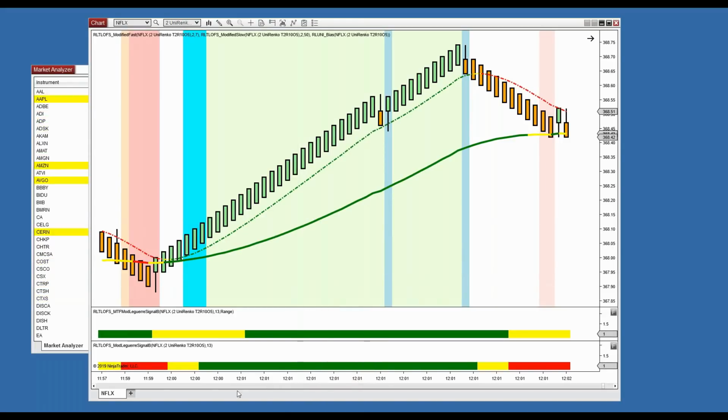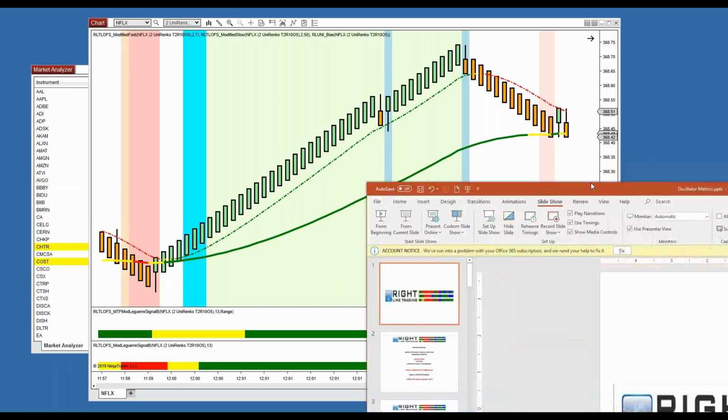I just want to explain that really briefly so that you get a great idea of when the market analyzer is going to signal and why it's so important to have momentum in your favor. We chose the parameters that do this very carefully, and this one is critical. So let me bring up this slide deck. It's not a lot of slides, but I do want to explain this to you.